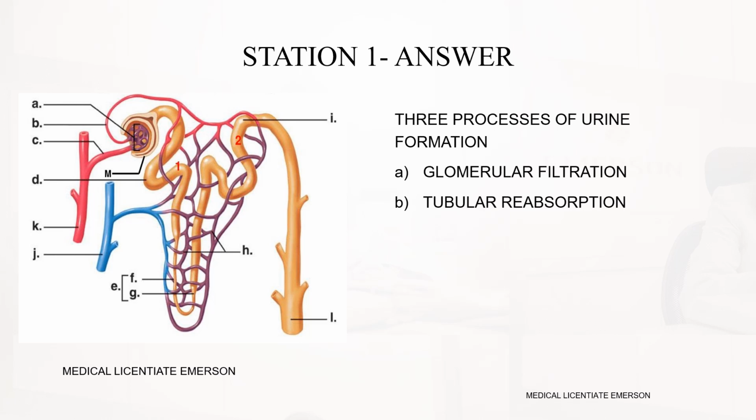Okay, then after those things were filtered, the next step is tubular reabsorption. So you remember we mentioned glucose is still an essential molecule that is needed by the body. Unless maybe it has gone beyond the glucose renal threshold, then of course it's going to be excreted. But if it hasn't, then it has to be reabsorbed back into the blood. So under tubular reabsorption, we talk about important molecules that were filtered but are actually essential.